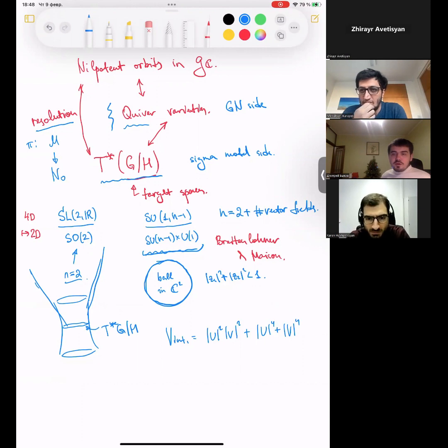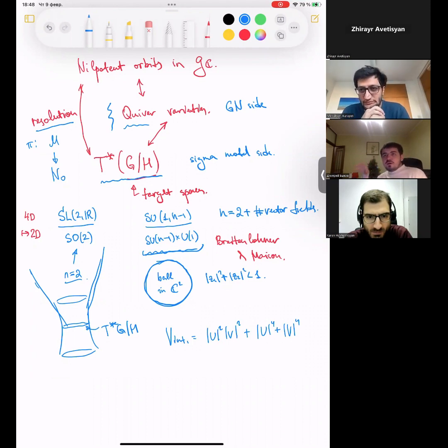So the rigid one does not allow a resolution, something like that. Yeah, because this is the case for SO and SP. It's unique, separated from the rest. For SL(N), it's a one-parameter family.